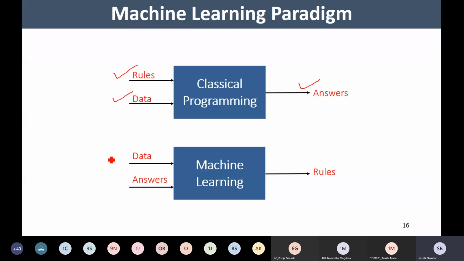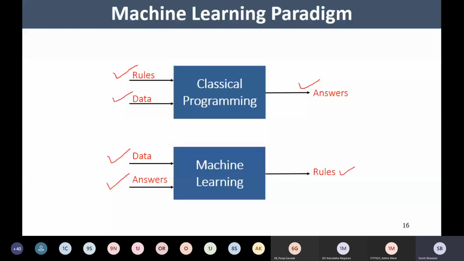No doubt we should have the data, but we are also going to provide the answers as input. So for machine learning systems, we have data and answers as the input, and my machine learning system will provide me the rules.